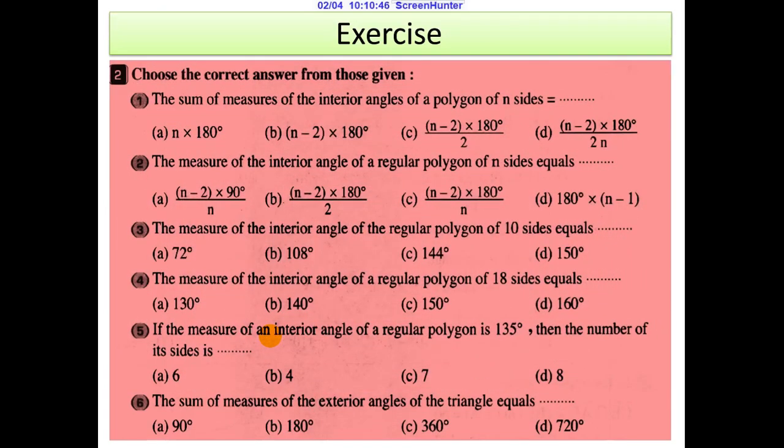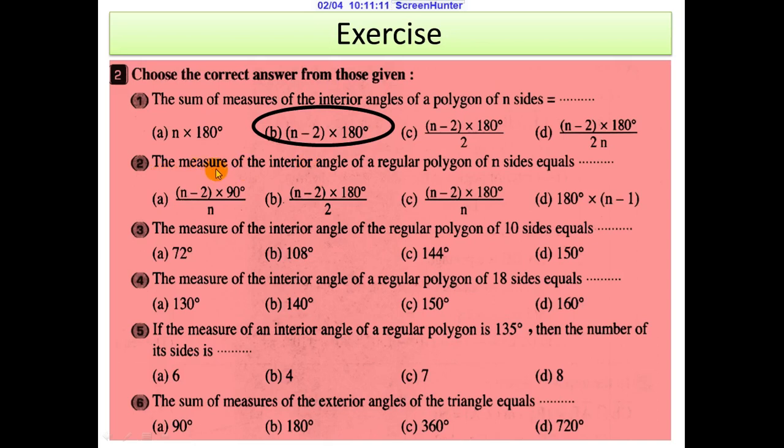Choose the correct answer from those given. Number 1, the sum of measure of interior angles of a polygon of n sides equals what? Yes, when he asked me about the sum of measure of interior angles of any polygon, we must use this rule, letter B. It will be the right answer.